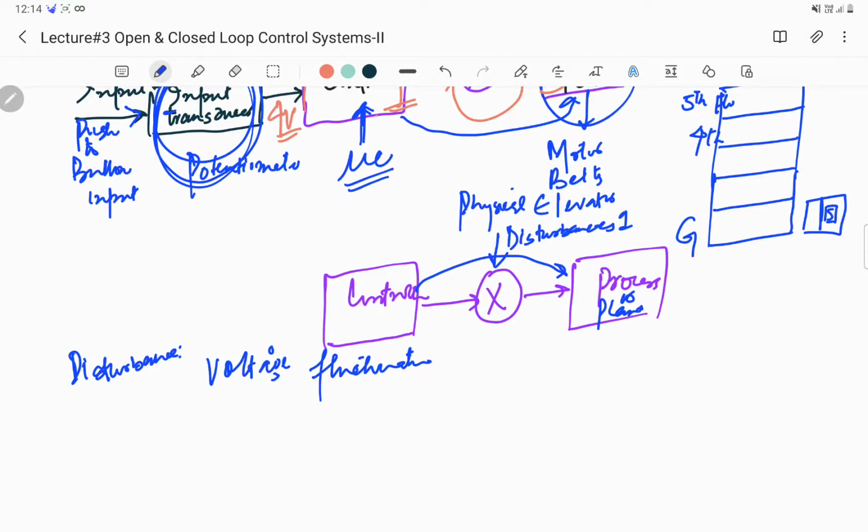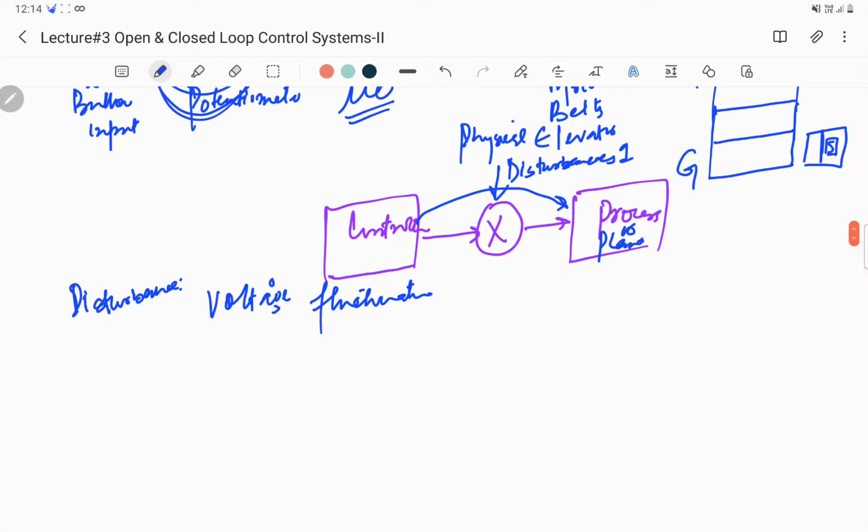What happens is that wind may come at the same time, and it may move the antenna by another 20 degrees or 5 degrees. So the wind in an antenna positioning system is treated as a disturbance. Likewise, sunlight in an air-conditioned room can be treated as a disturbance, and these disturbances are all unavoidable.